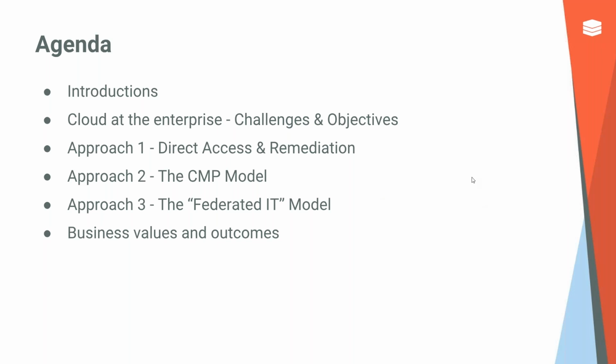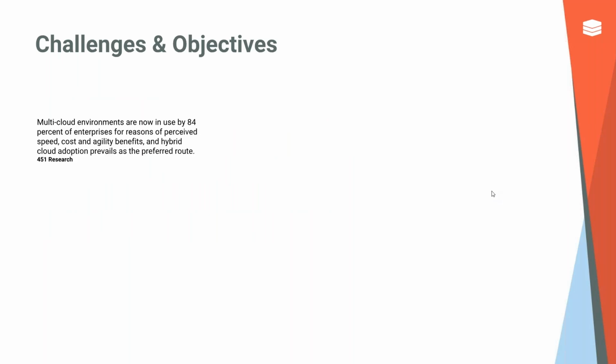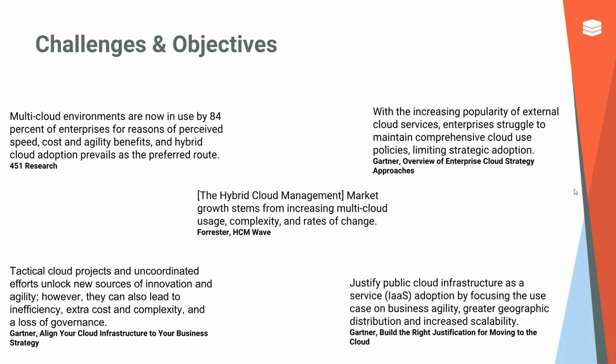Okay, so let's go ahead and get started by discussing some of the challenges and objectives that we're seeing out there. The easiest way to do that is to take a look at what some of the analysts are saying, as they have a lot of face time with IT leaders in the community. If you look over some of these snippets and quotes, you can see a theme come out.